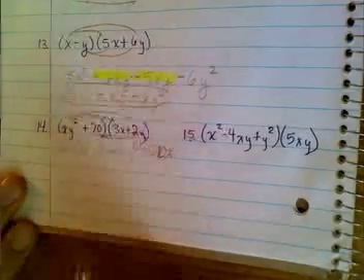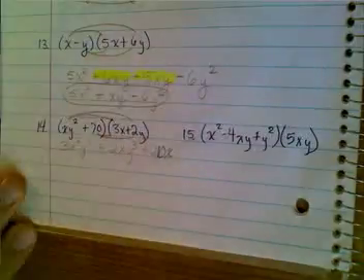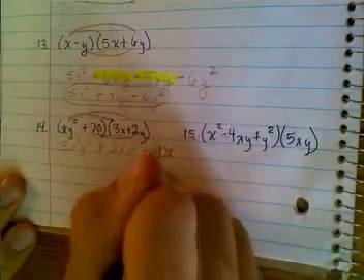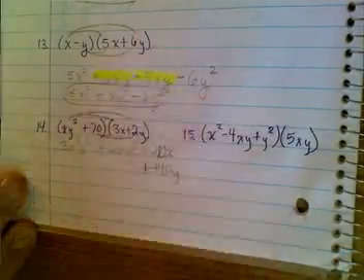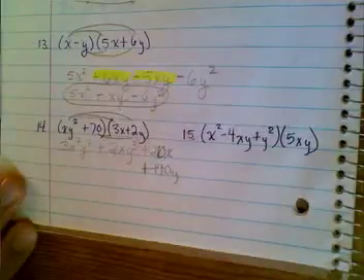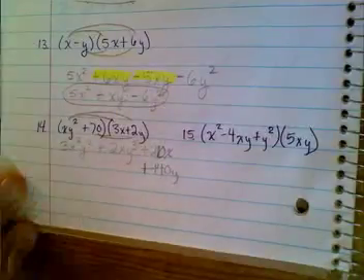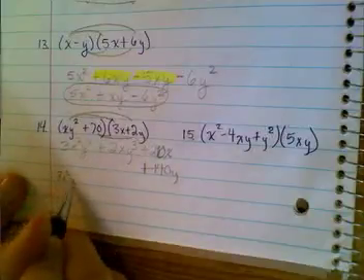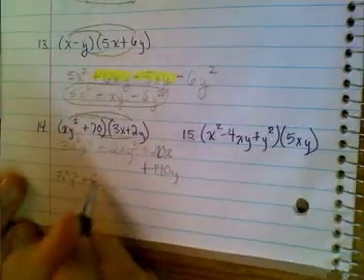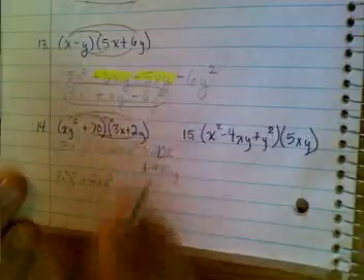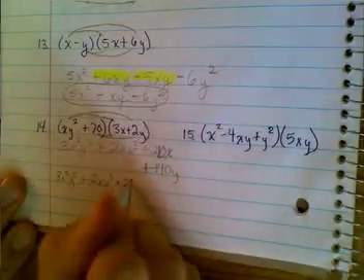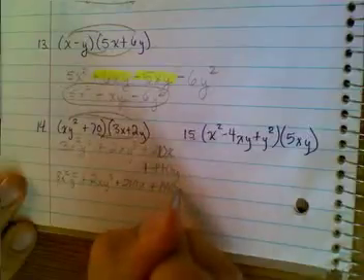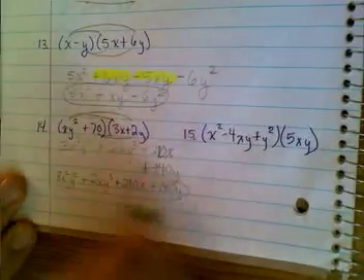And then 140y. To conserve a little bit of space, I'm going to write it here, and then I'm just going to rewrite it as a final answer because there are no like terms here. So 3x squared y squared plus 2xy cubed plus 210x plus 140y. And that'll be all. Okay?